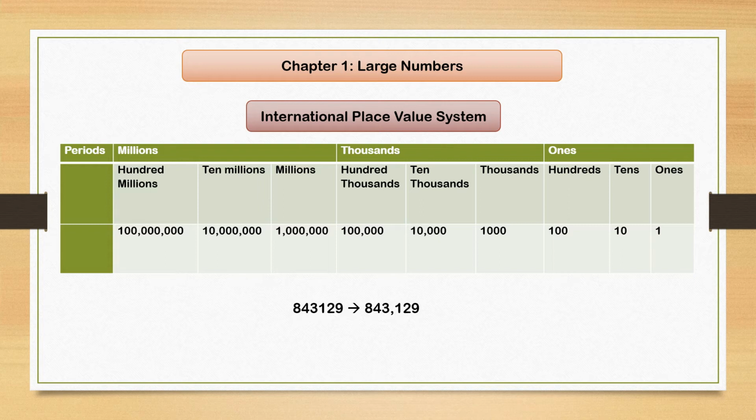The International System of Numeration has the periods of ones, thousands, millions and billions. In this chapter, you have learned the International System of Numeration up to 3 periods, that are ones, thousands and millions. Under the International System of Numeration, a comma is placed after 3 digits starting from the right.